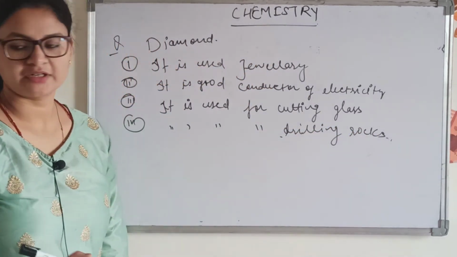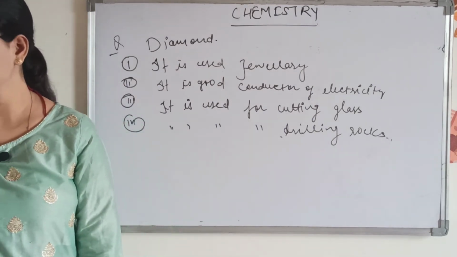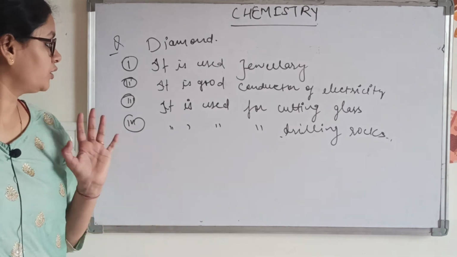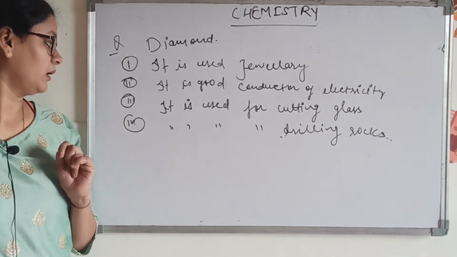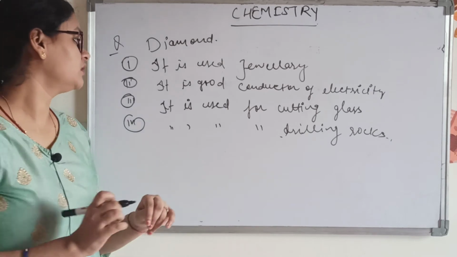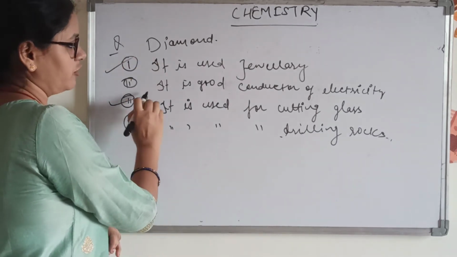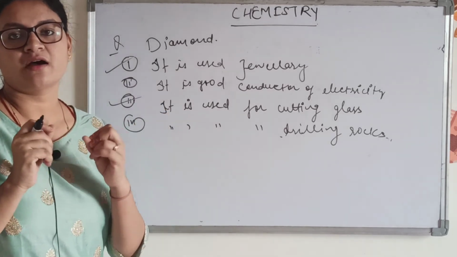In this question, we already know what the diamond is being used for: options 1, 3 and 4. It is used for jewelry, and for cutting glass, because diamond is hard.